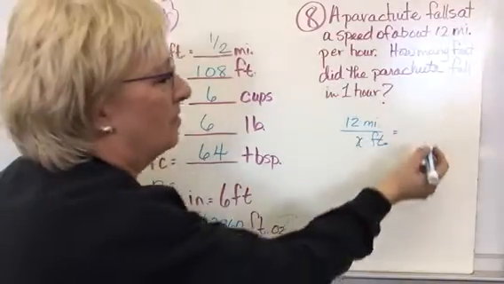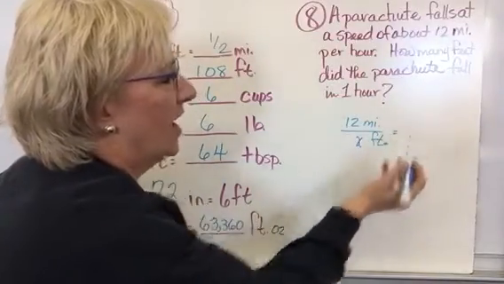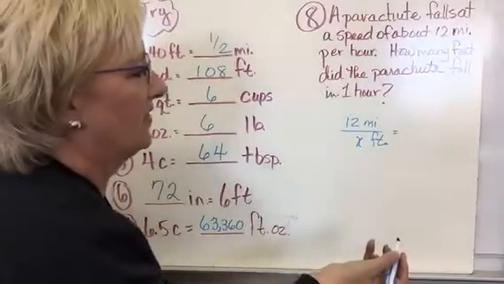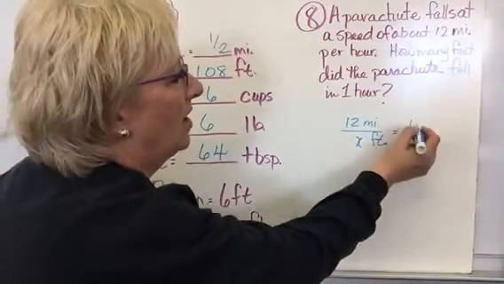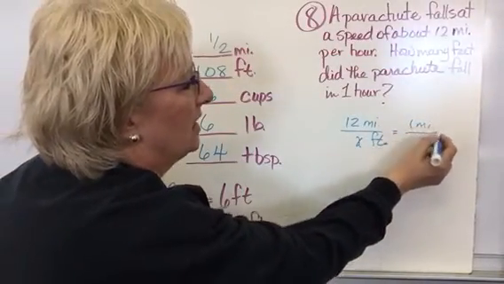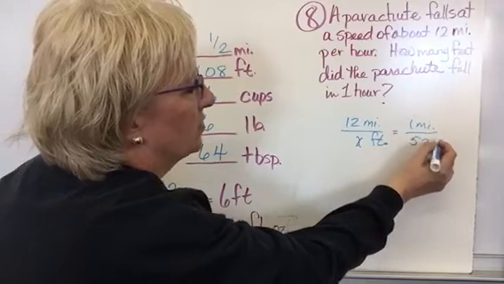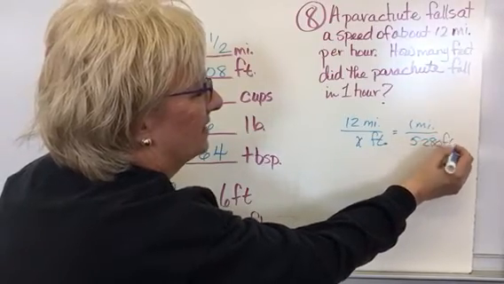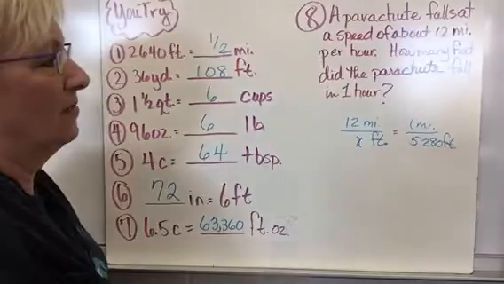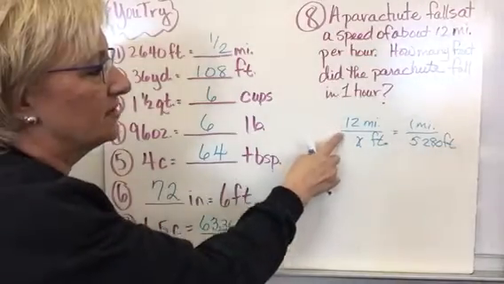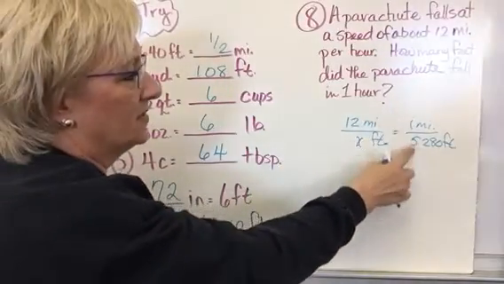So I need to know how many feet are in a mile. I know in 1 mile, there's going to be 5,280 feet. That's what I'm looking for, feet, not the miles. So miles to feet is going to equal miles to feet.